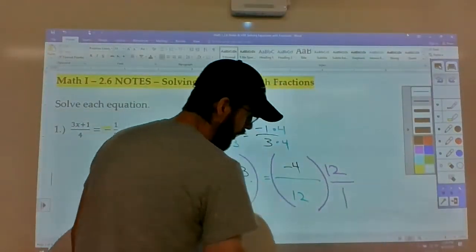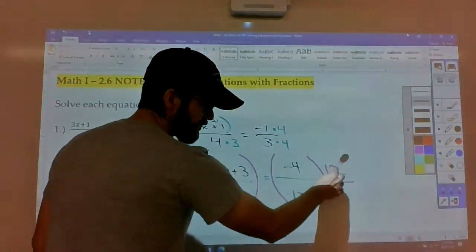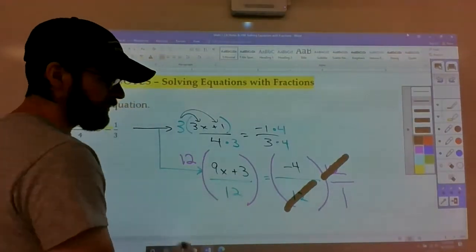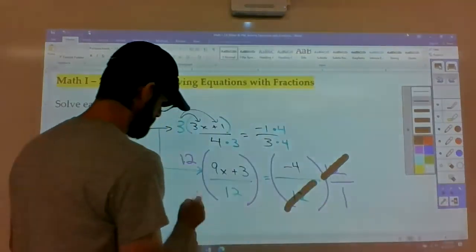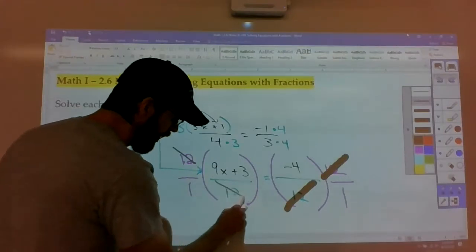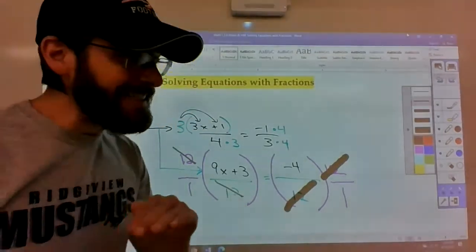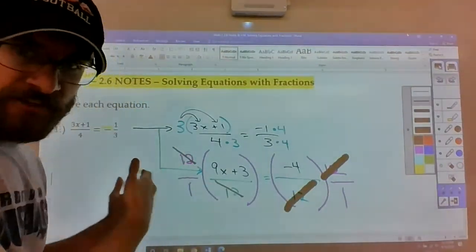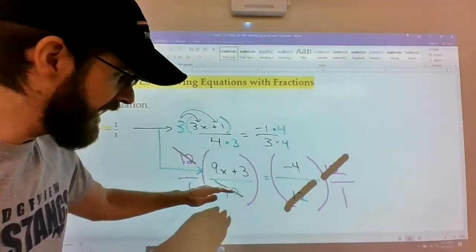Well, 12 over 1, to multiply fractions, you can cross cancel. 12 divided by 12 is 1. Over here, pretty much the same thing. 12 divided by 12 is also 1. So you see, we can just make the denominators disappear every single time we find common denominators on the left and the right, because we can always multiply both sides of the equation by that denominator.